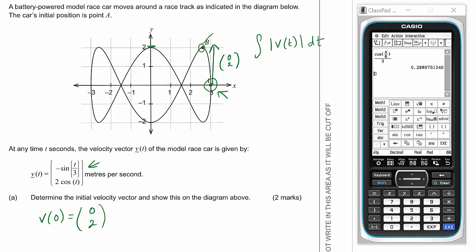So with the velocity vector, we can see that the argument here is t over 3 and the argument here is t. So for this one to go all the way back to the beginning, the period of this function is actually 6 pi. Substitute 6 pi in here, 6 pi over 3 is 2 pi. So it's going to be 0 to 6 pi.